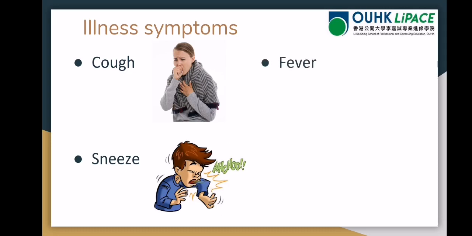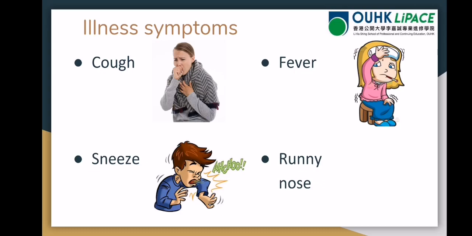Then the next one we have is fever, and then we have runny nose. Fever is when you have a high body temperature, like this girl here. It's normally a more serious symptom. And then runny nose, like this guy here, just always sniffling.